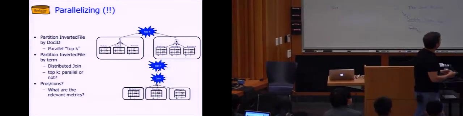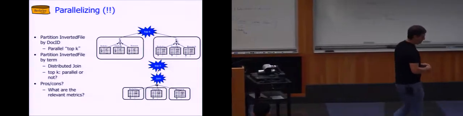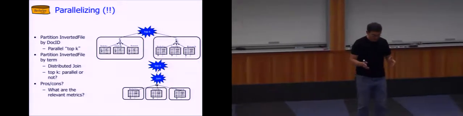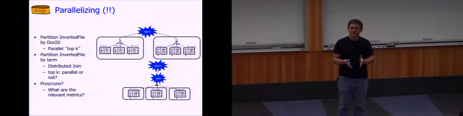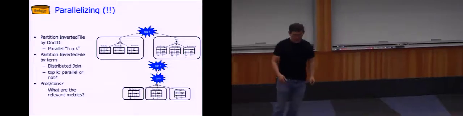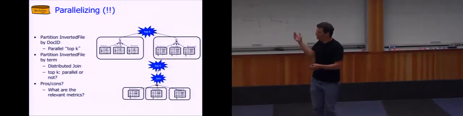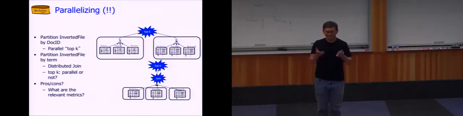The alternative is to partition by term, which means that this is a machine that has all terms that hash to 14. Berkeley, Aardvark, toilet paper, I don't know. Whatever terms hash to 14 are here. And here's another machine that has research and small and Cheerios, okay?